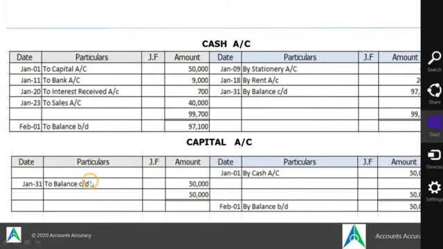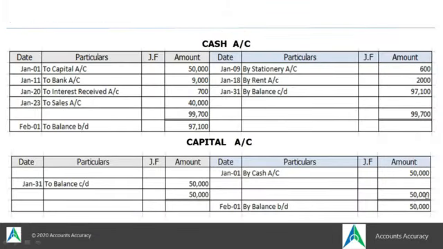Now both side total will be same. You can see here only we have right hand side total, that is 50,000. Just simply write both sides total as 50,000, and as there is nothing on left hand side, so you simply write January 31 to balance carried down 50,000.